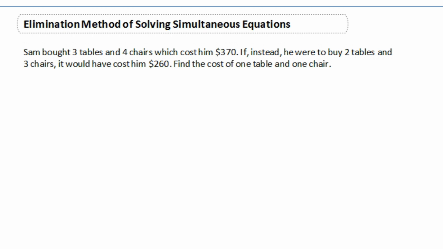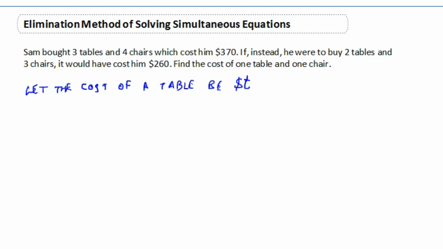Well, how can I do this? Now, the equations were given to me earlier, but in this case the equations are not given to me. What can I do? Well, I can read the question and try and form the equation, or we can say that let the cost of a table be $t.